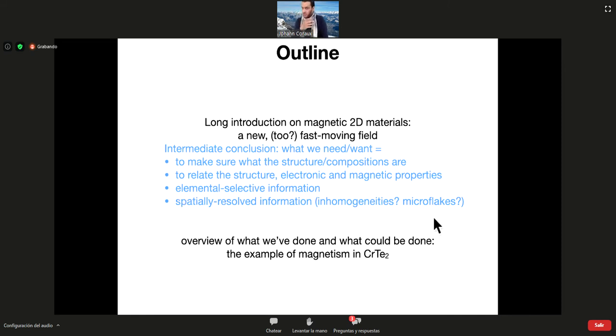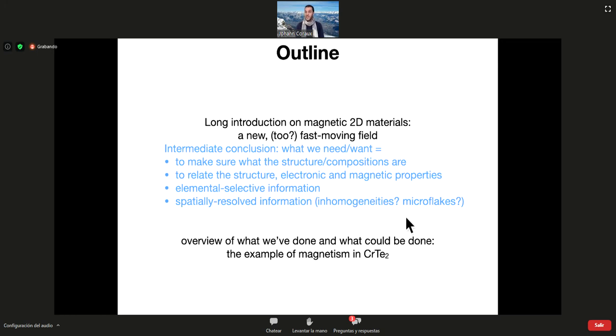So one reason relates to what I've already said. You might have some issues or open questions regarding the structure and composition. So you need to be aware that you might have spatial inhomogeneities in your samples. Plus, you can of course address full area samples grown by MBE, so with a full calibration of the sample.